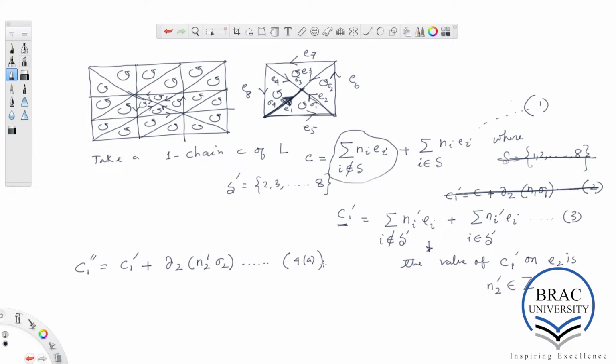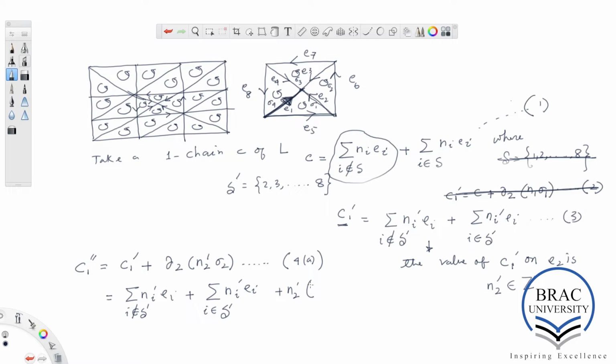Okay, so now plug in the value of C1 prime from equation number 3, and this now reads sum of Ni prime Ei, where I does not belong to S prime, plus sum of Ni prime Ei, where I belongs to S prime, plus N2 prime.